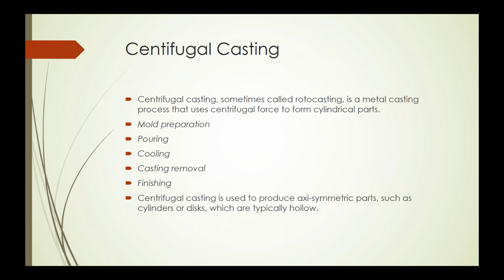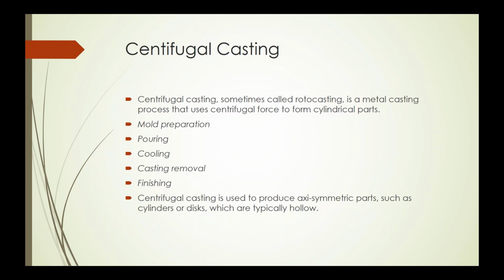The metal casting process uses centrifugal force to form essentially round parts, but of relatively thin wall thickness. The wall thickness can vary depending upon how much metal is poured into this cylindrical, hollow casting piece of equipment, which is the mold, which forms the shape.